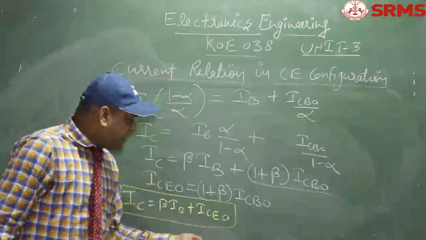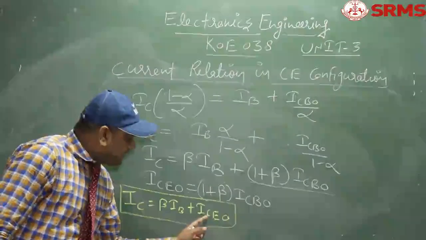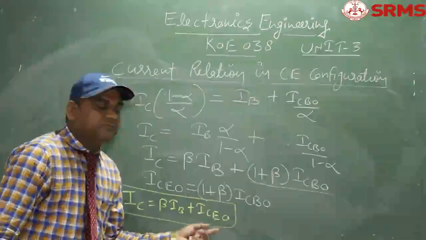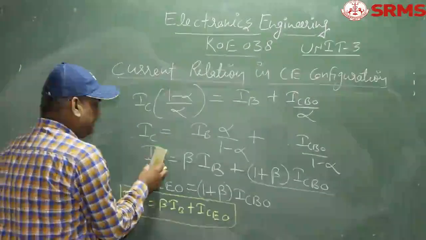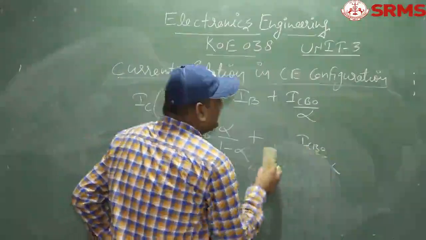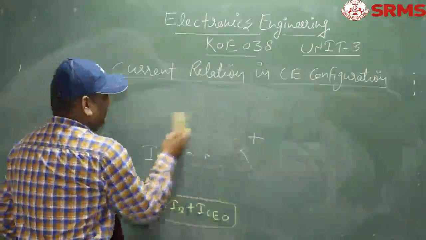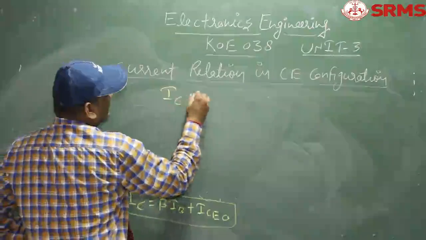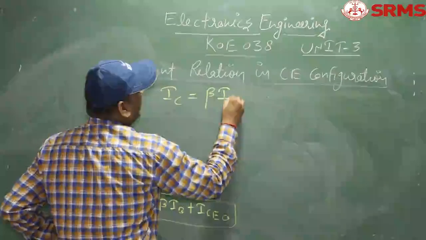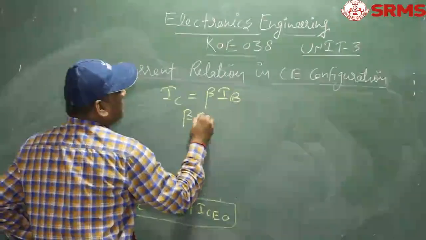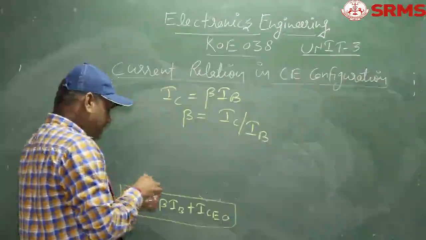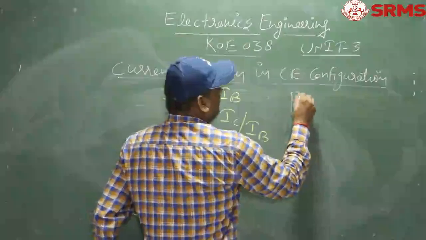As it is well known, the magnitude of this leakage current is very small, so you can neglect this current. So IC is equal to beta times IB. You can write the value of beta as IC divided by IB, where beta is your current gain.